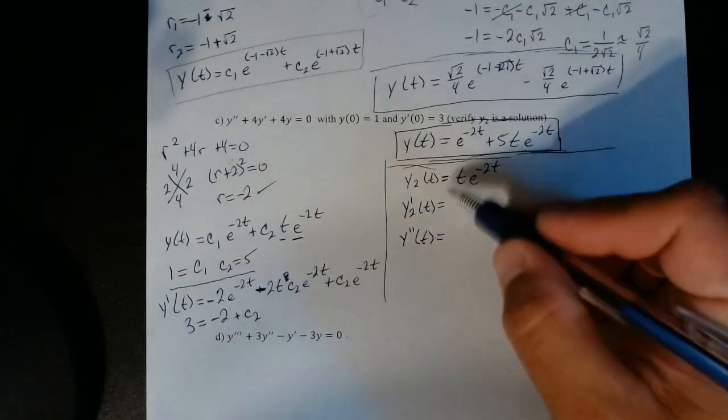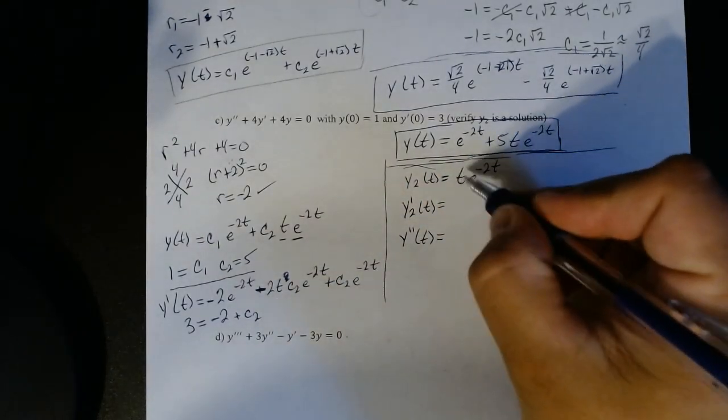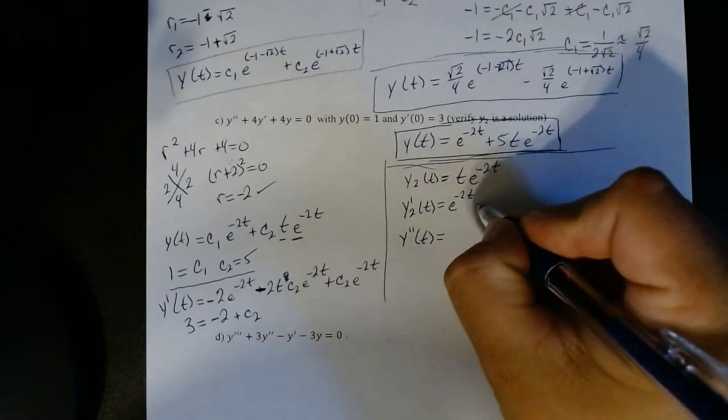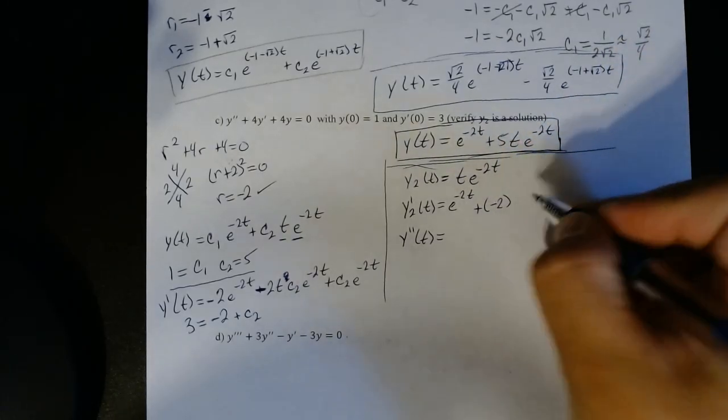Just like we did for the first part, this is going to be a product rule twice. So the derivative of this one is going to be 1. And then this derivative is just going to be negative 2.